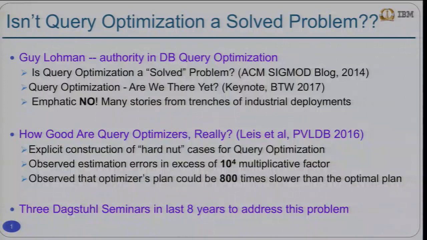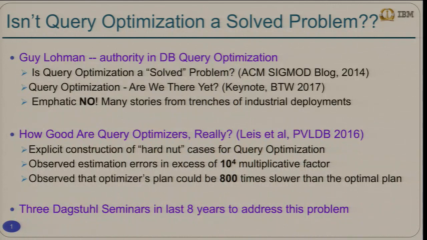Every organization has fairly large databases running, and for the last 3 decades or so. So one would be tempted to ask, why are we still talking about query optimization? Isn't it a well solved problem? I resort to proof by authority here.